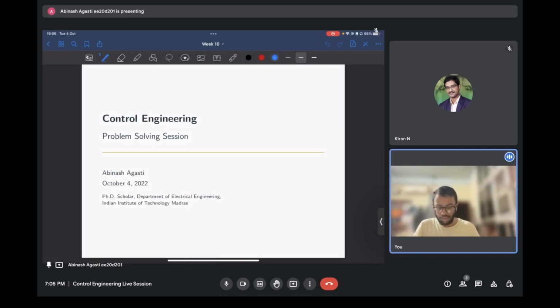So I'll just go through the things that we have covered till now in the control engineering lecture series. First we saw what transfer functions and Laplace transforms are, their properties and all. Then we looked at some systems, how to get transfer functions or models of systems, some physical, mechanical and electrical systems.